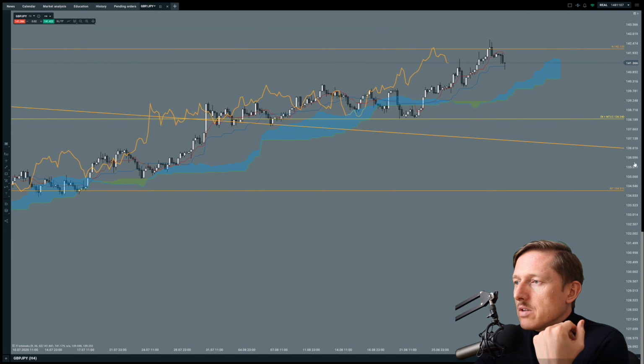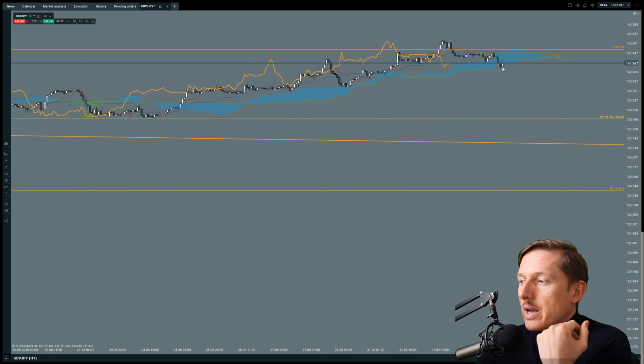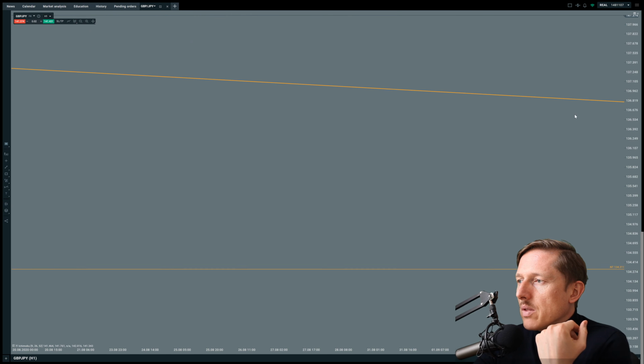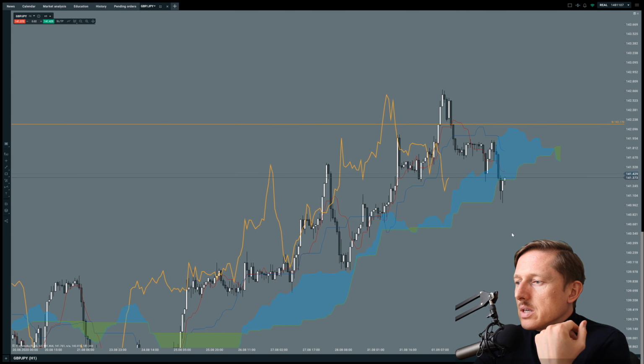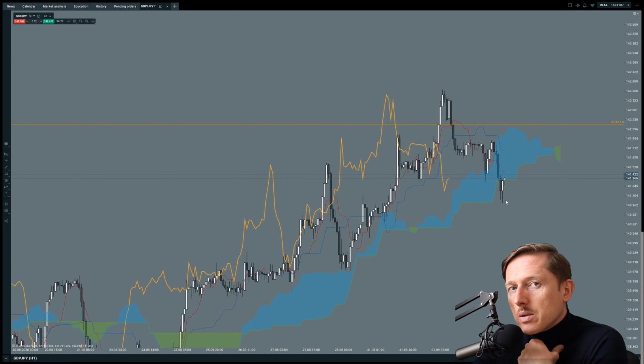And as you can see, if we go to H4, we are already testing Kijun. If we go to H1, so 1 hour chart, we can see that we went below Kumo already.